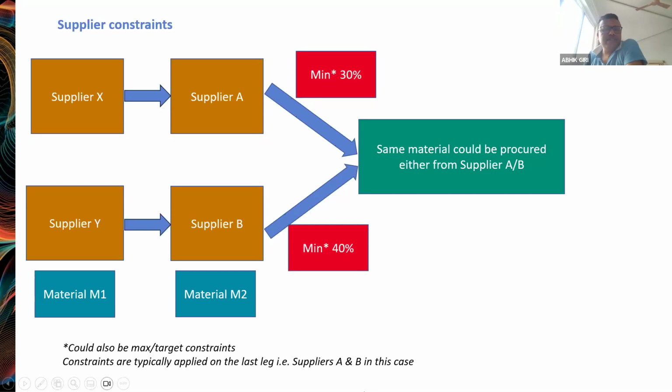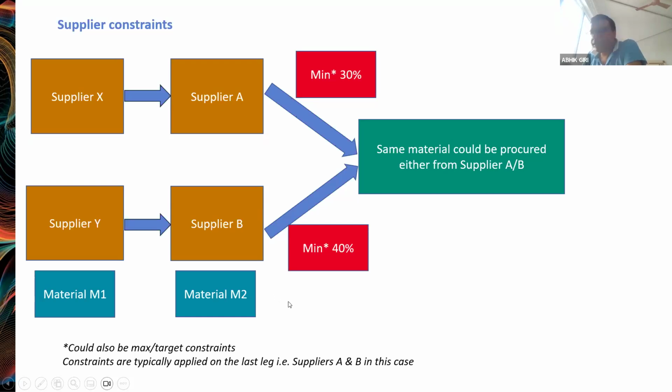And it's not necessary that, sometimes these suppliers in turn buy from another supplier. So I just wanted to show that. Apart from minimum constraints, there could also be maximum or target constraints. These constraints are typically applied on the last leg, that is suppliers A and B in this case.